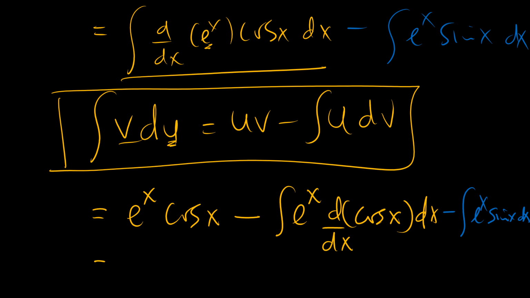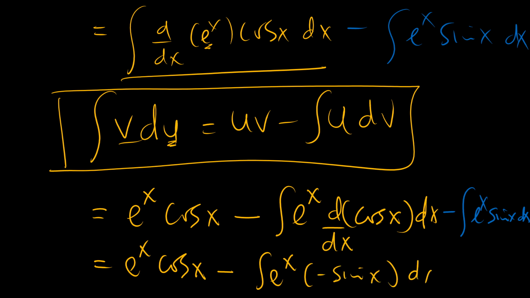So this is the same as e to the power x cosine x minus the integral of e to the x times the derivative of cosine x, which is negative sine x. Okay, so we have two negative signs, this and this.